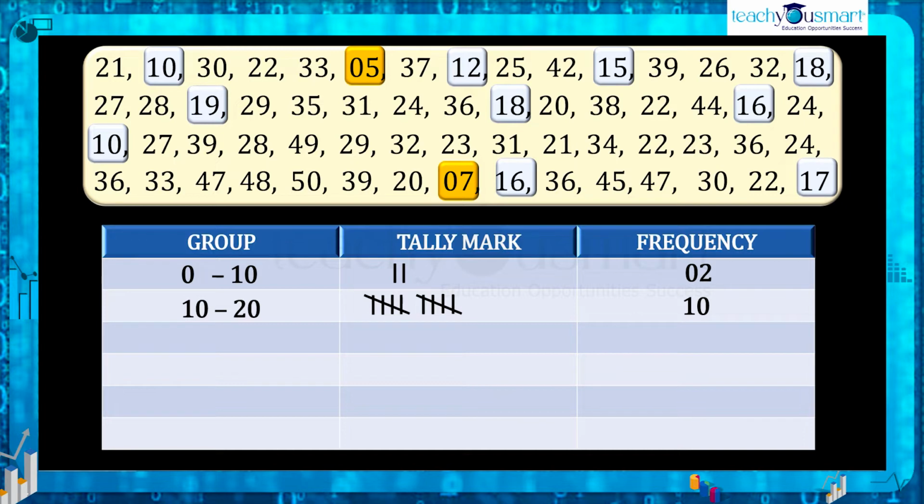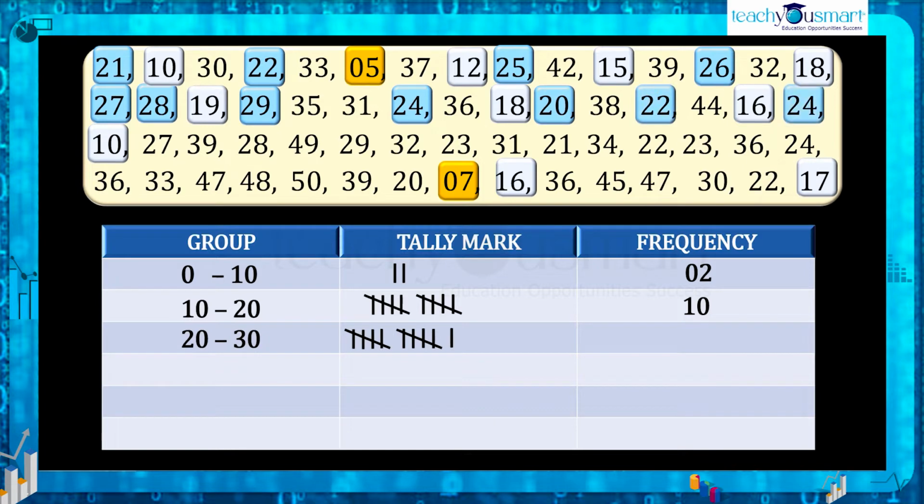Similarly, the marks obtained by the students between 20 and 30 are 21, 22, 25, 26, 27, 28, 29, 24, 20, 22, 24, 27, 28, 29, 23, 21, 22, 23, 24, 20, 22.